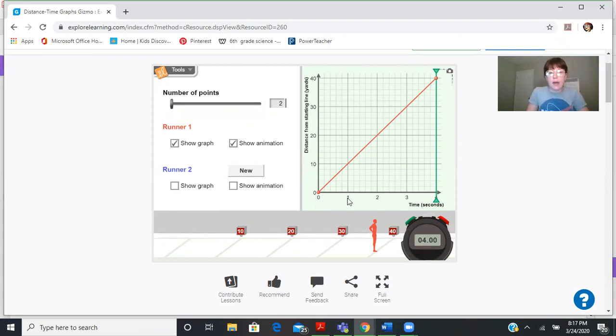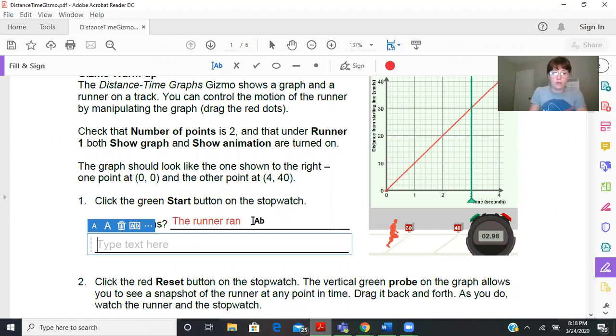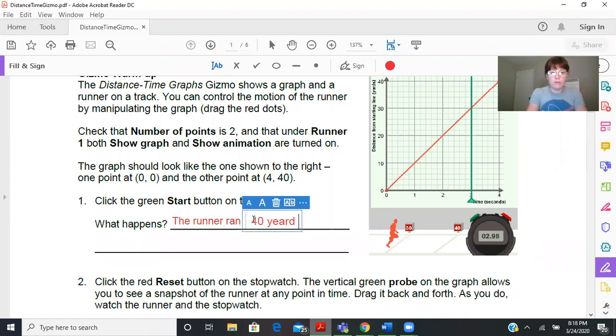So that shows that my time was 4 seconds and my distance was 40 yards because it's specifying in yards. So on my screen where it says what happens, I'm going to type the runner ran 40 yards in 4 seconds.